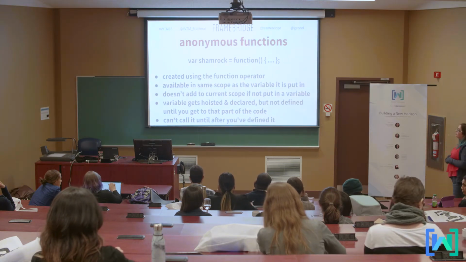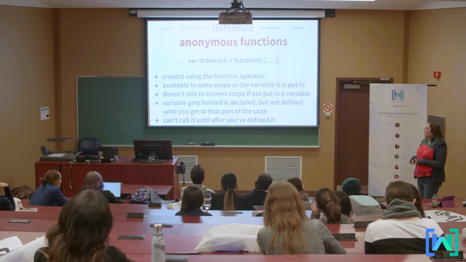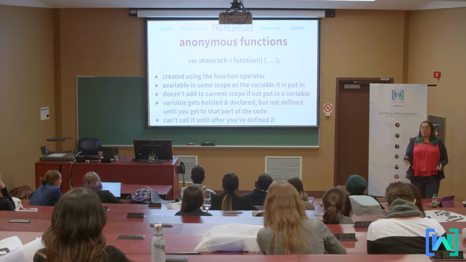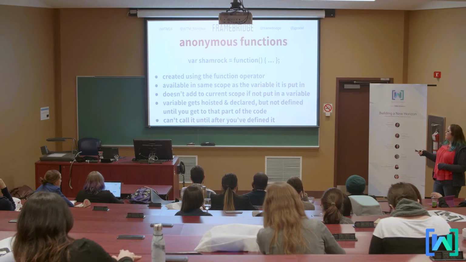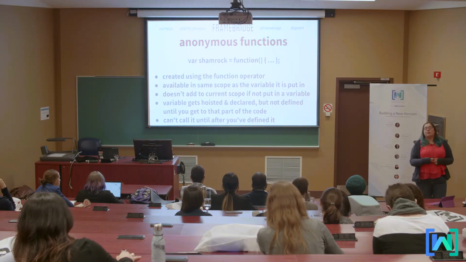With anonymous functions, they're created using the function operator. They're available in the same scope of whatever variable you put them in. So if we define them this way, where we say var shamrock, it's going to be available in that current scope, similar just as that named function was.